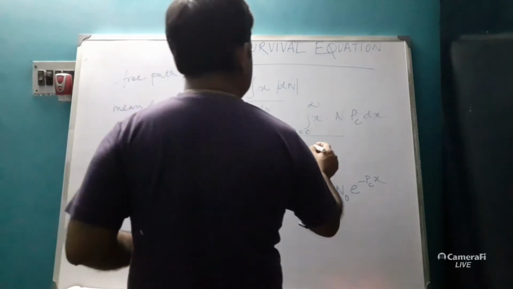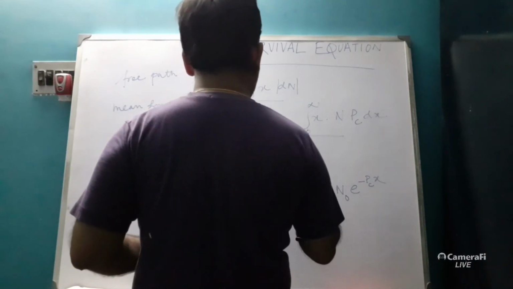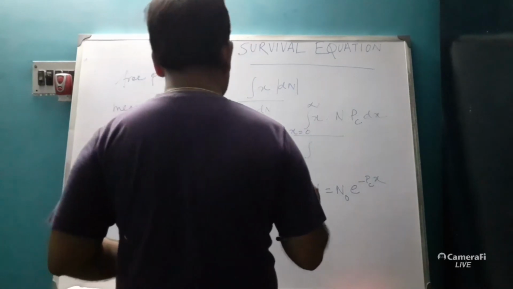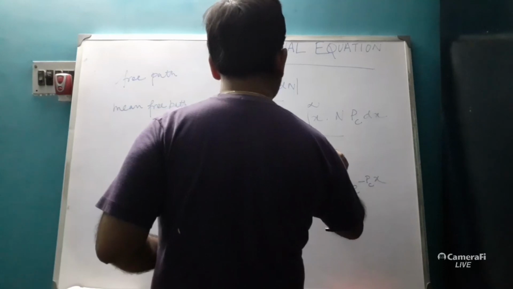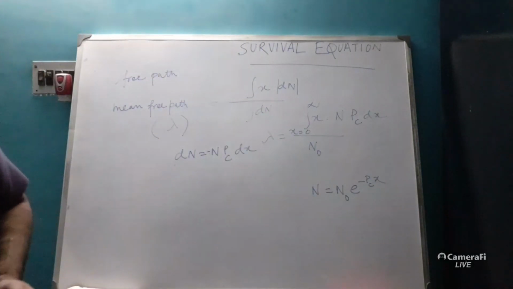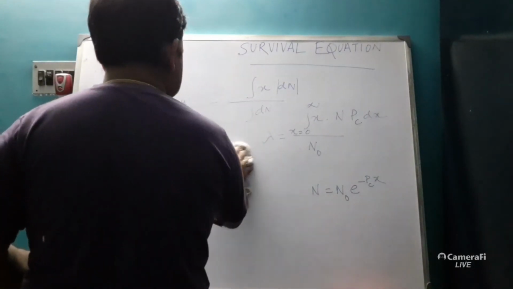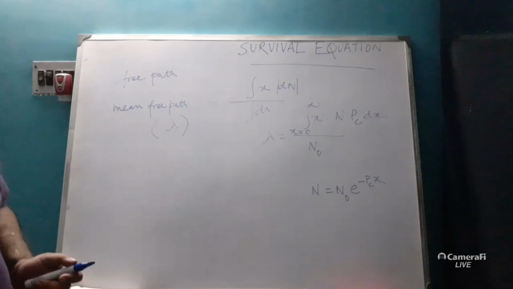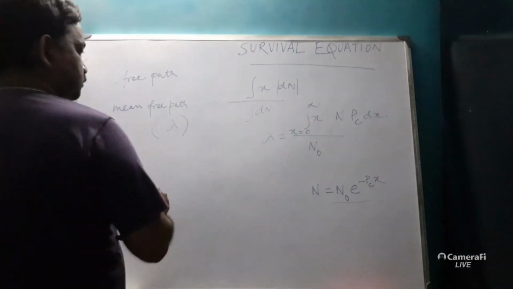And this n is nothing but simply n0. If you integrate this dn, this is simply n0, the total number of particles. When you have used this, so delete this. So now we have to use this equation.